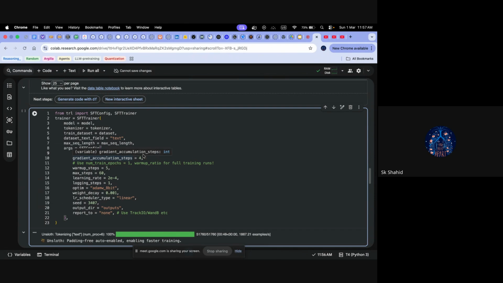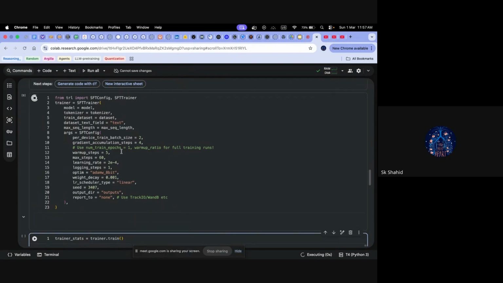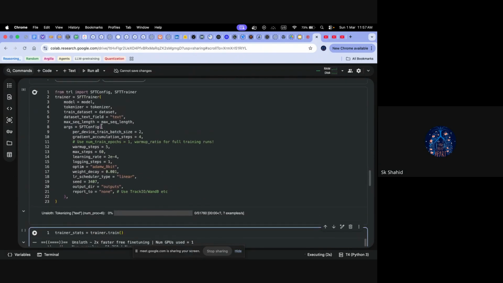And then you need to give the batch size, gradient accumulation, warm-up steps, and all of these hyperparameters over here. Learning rate, what should be my learning rate? What should be my optimization method? What is my weight decay? LR scheduler type and all of it. I'll just run it and then we'll talk about it right now.